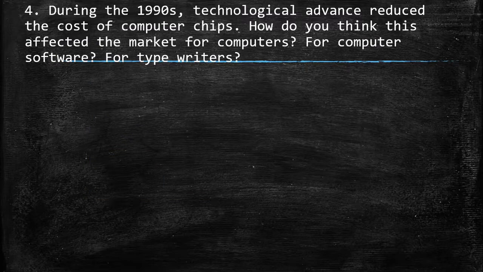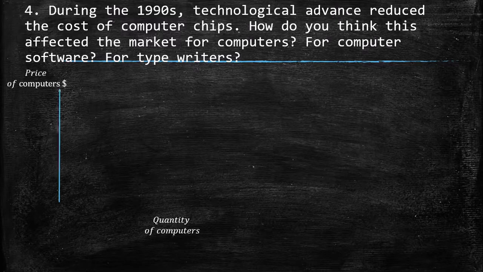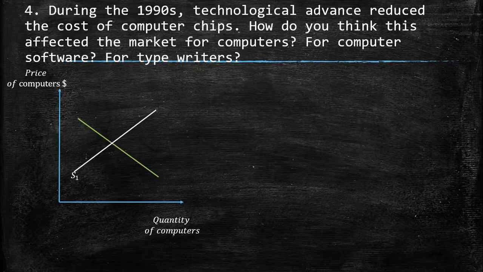So four, during the 1990s, technological advance reduced the cost of computer chips. How do you think this affected the market for computers, for computer software, and for typewriters? So first we have the market for computers. It kind of depends how you think about the problem. So here we have the initial case.